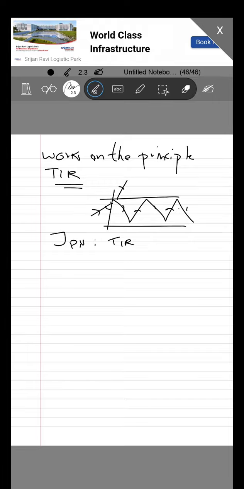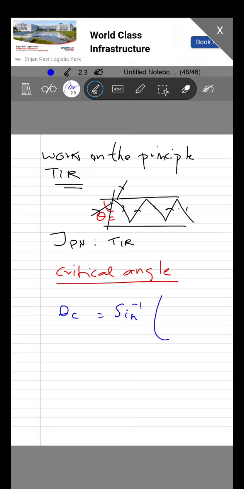The angle at which the laser light has to be submitted is called the critical angle, and it is given as theta C equals sin inverse of N2 by N1, where N2 and N1 are the refractive indices.